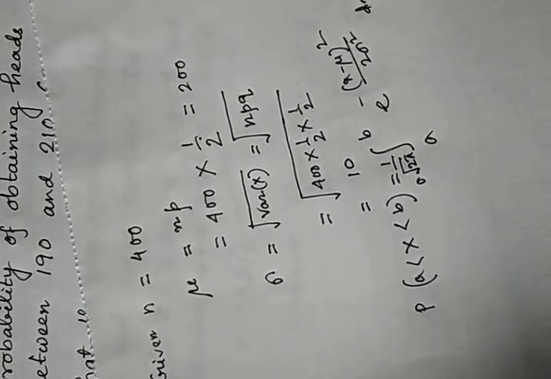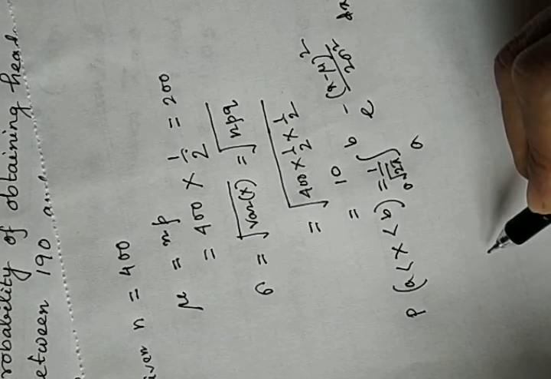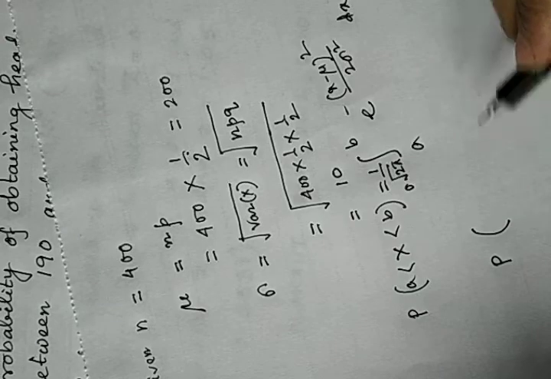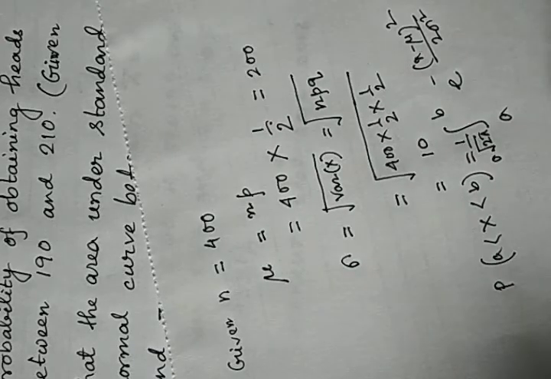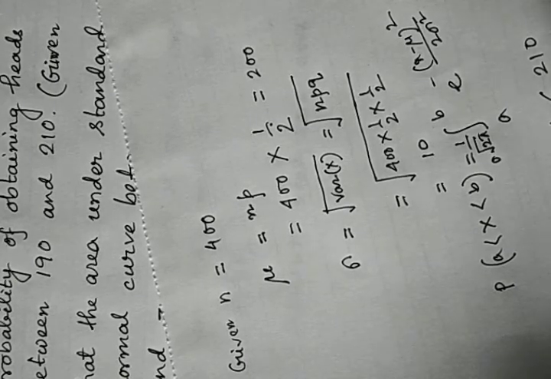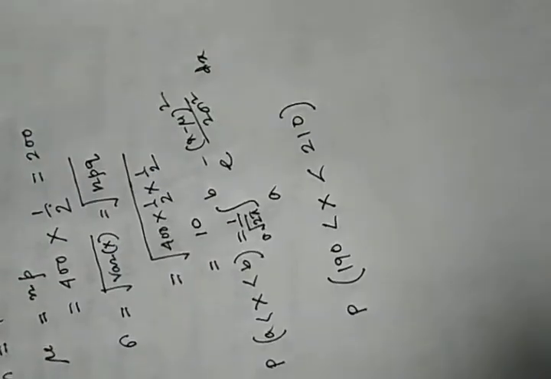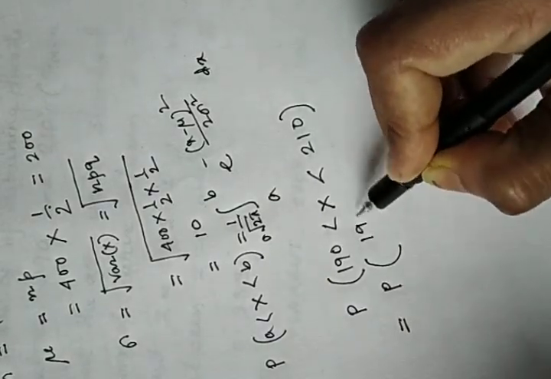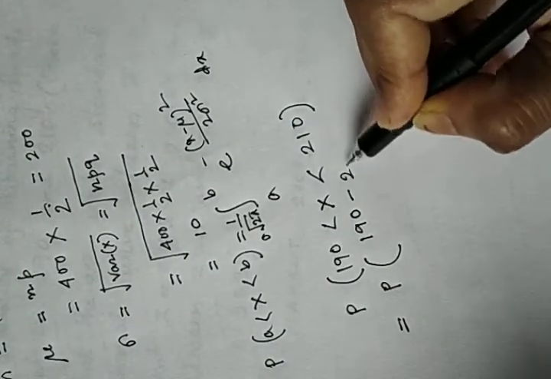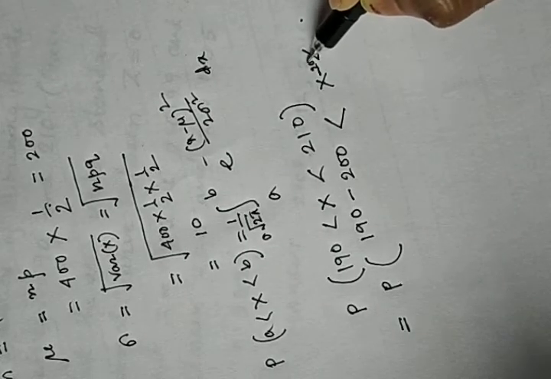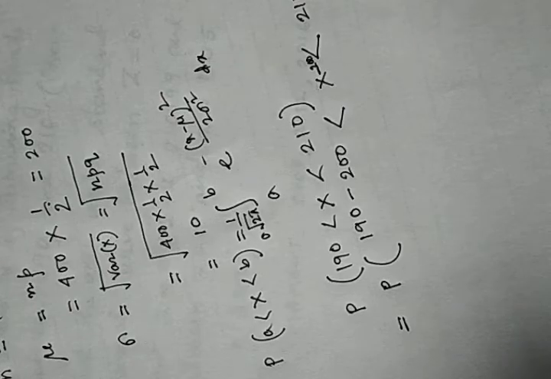So here the probability of getting heads between 190 and 210 is: subtracting mu, that is 200, 190 minus 200 is less than x minus 200 is less than 210 minus 200.